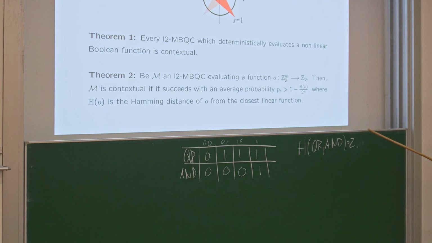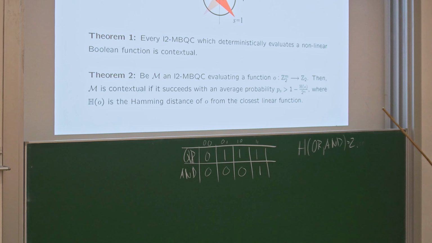For every function, this quantity will have a value somewhere between 0 and 2 to the m minus 1. So now we have roughly an idea of what this expression is, and this gives us the thresholds for contextuality.